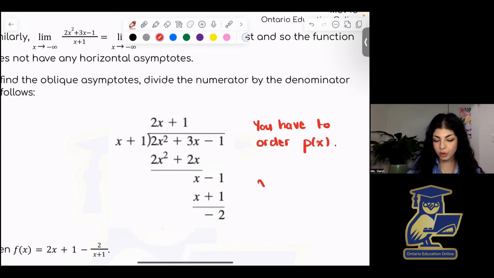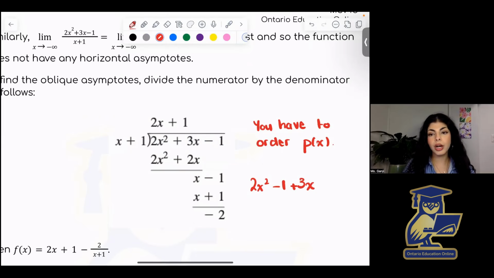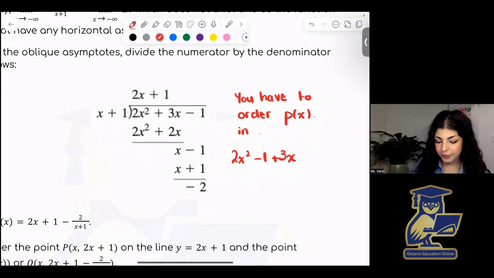So you cannot do minus 1 plus 3x. They have to be in order of the degrees of x. So you have to order p of x in order of degrees.